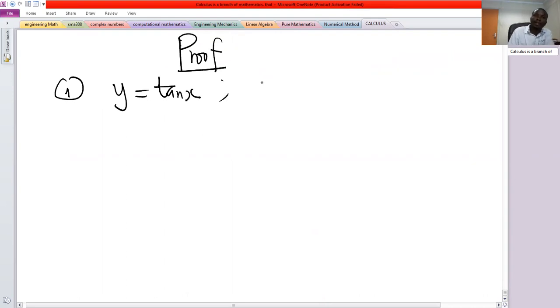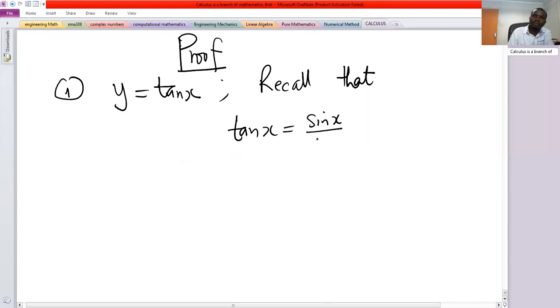So recall that tan x is the same as sin x over cos x. This is by definition. But tan can be written as sine over cos. So we use the quotient rule.